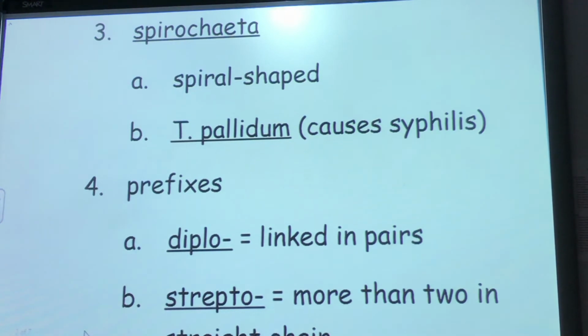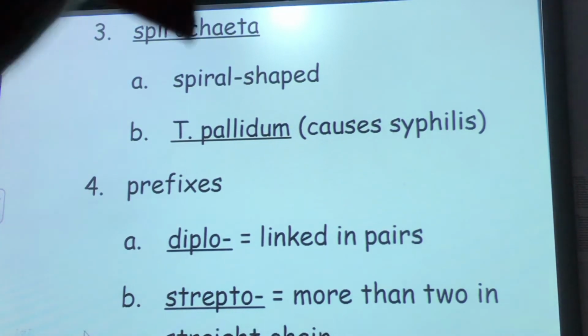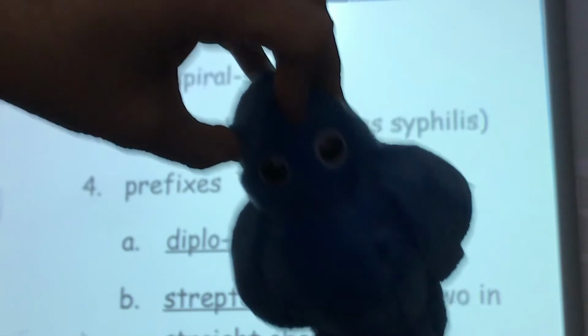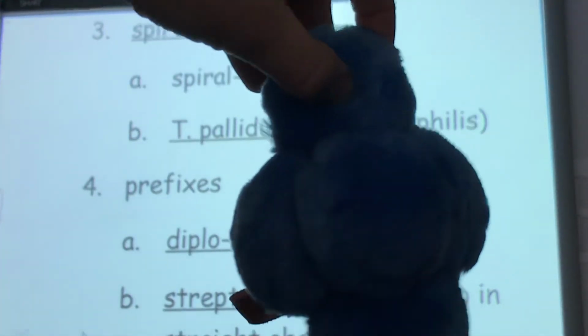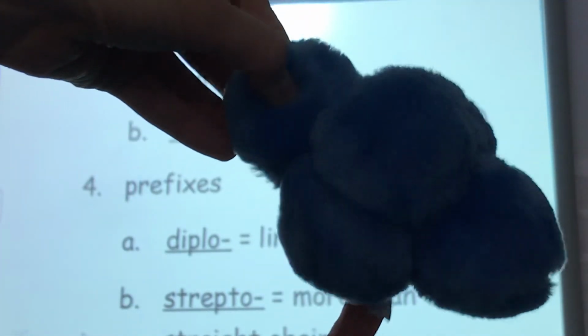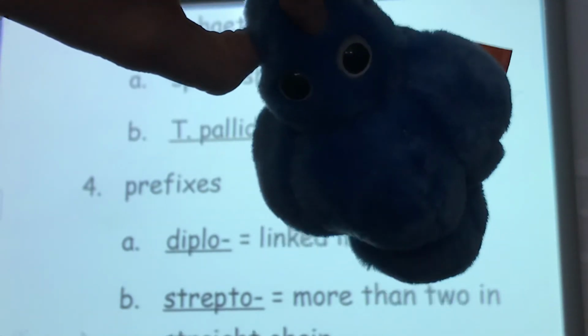So if people get staph infections, it's very often staphylococcus, which means clumps of spherical shaped bacteria. Here, oh, there he is. There's our little staphylococcus. Notice he's a bunch of bacteria balls all clumped together. Okay.